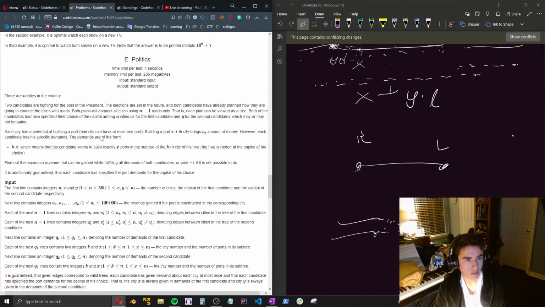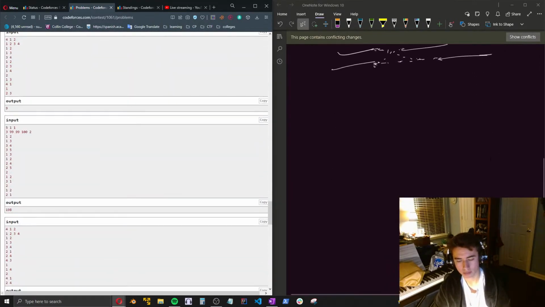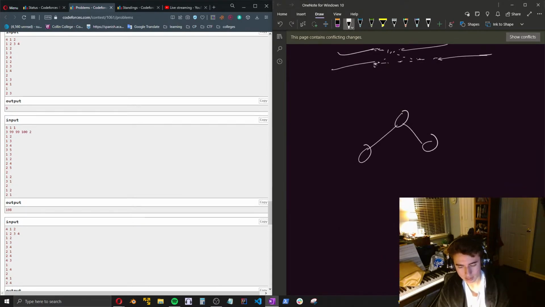Why do I feel like I've seen this before? Alright, oh no, let's draw an example. I don't think I've seen this exact problem, but it reminds me, I did this contest where you had like 2 trees, and it was something along the lines of connecting subtrees.